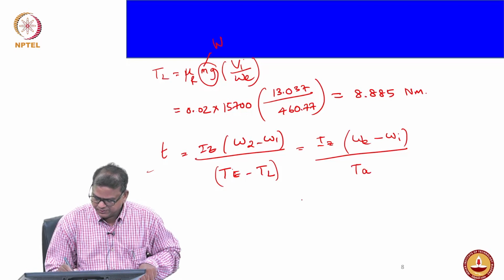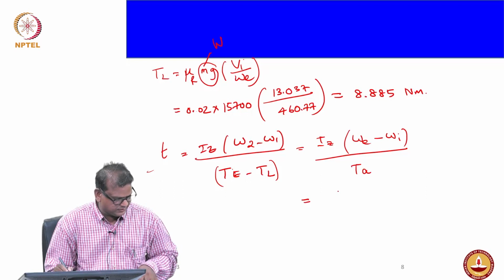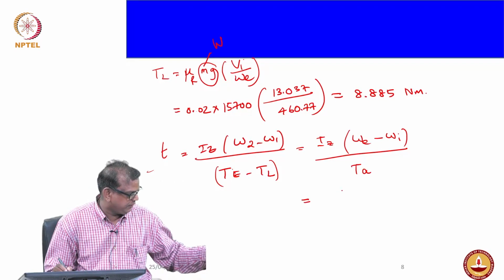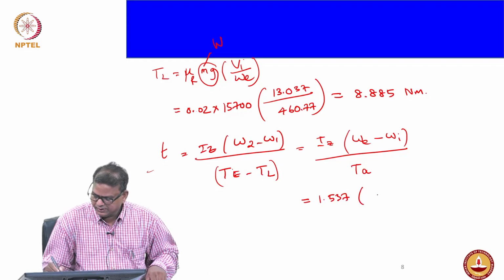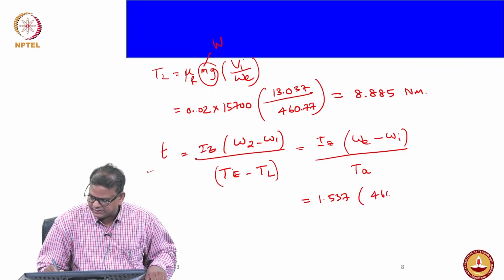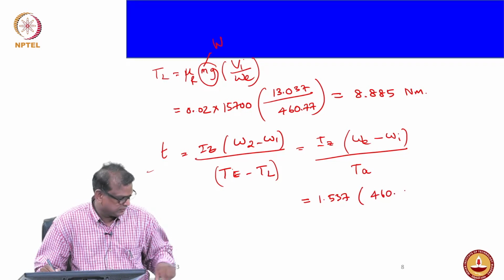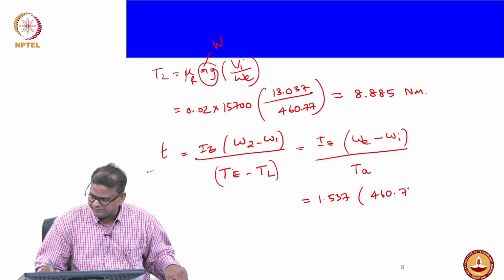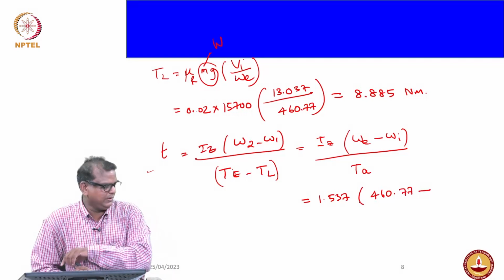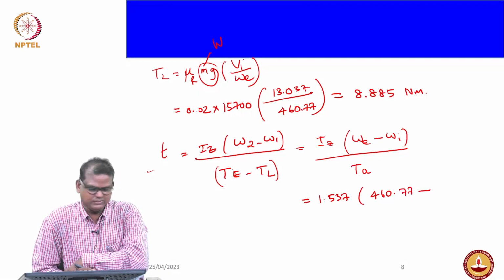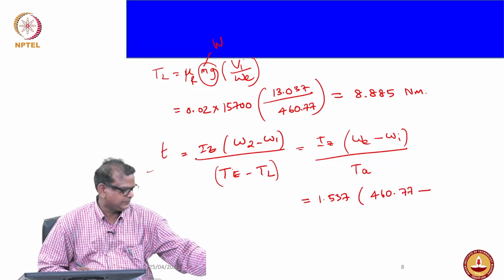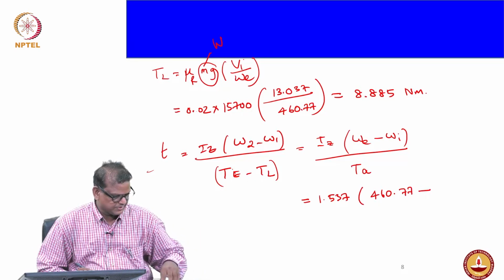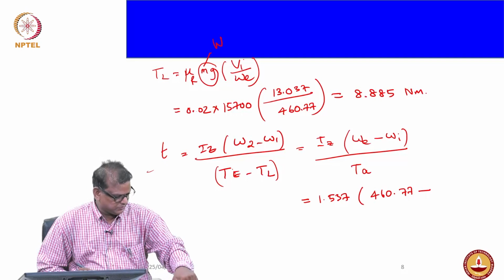So I_e, I already know that I got 1.5375. The engine speed is 460.77. What is the omega_i? What will be the omega_i?